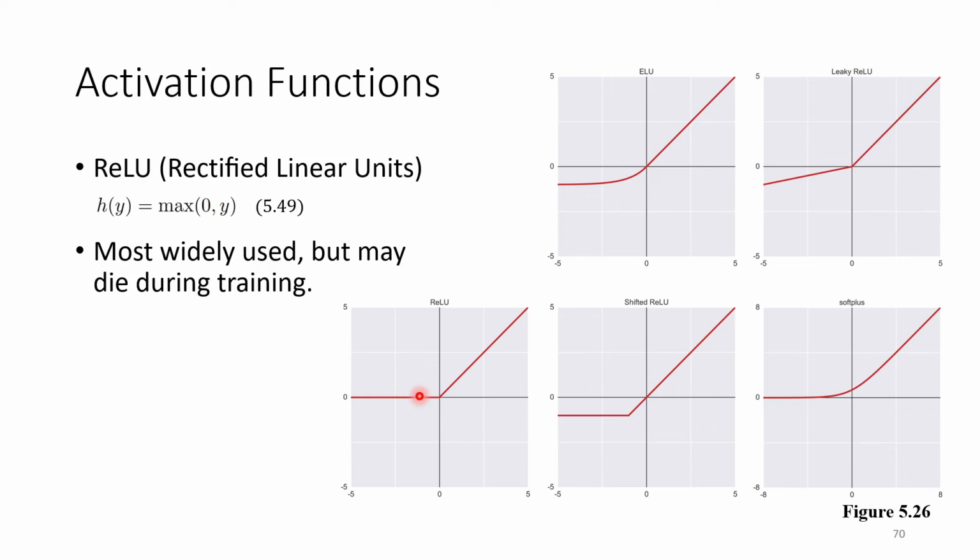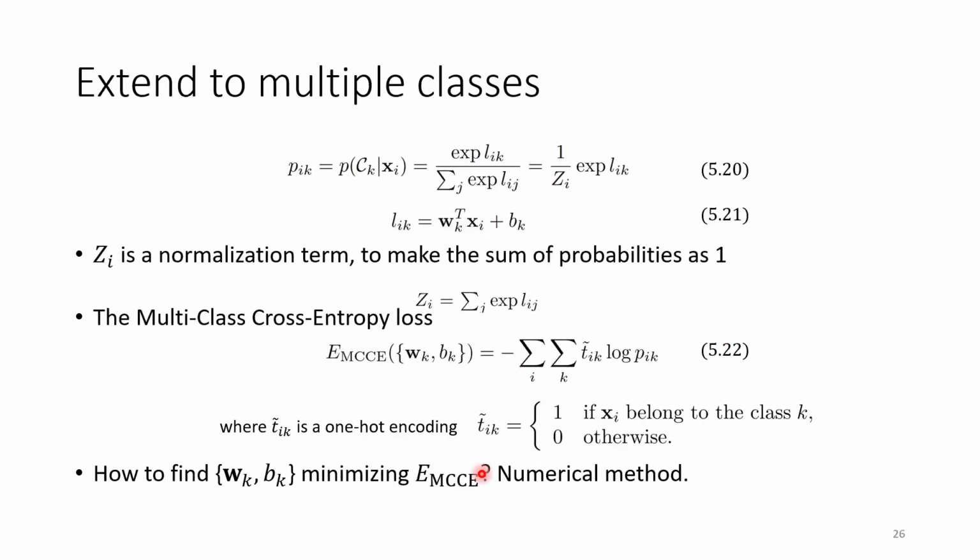So when we compute the gradient, let's mention again, why do we need to compute the gradient? Because for us, this is an optimization problem. If we have a loss function, for example the multi-class cross-entropy loss, we want to reduce or minimize the loss function based on our training data.